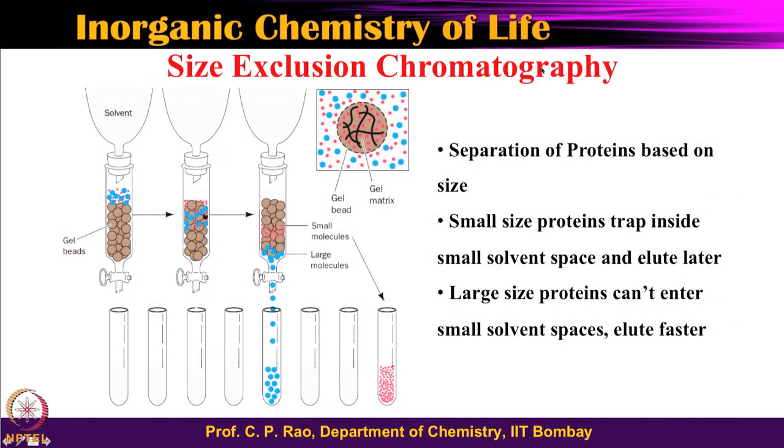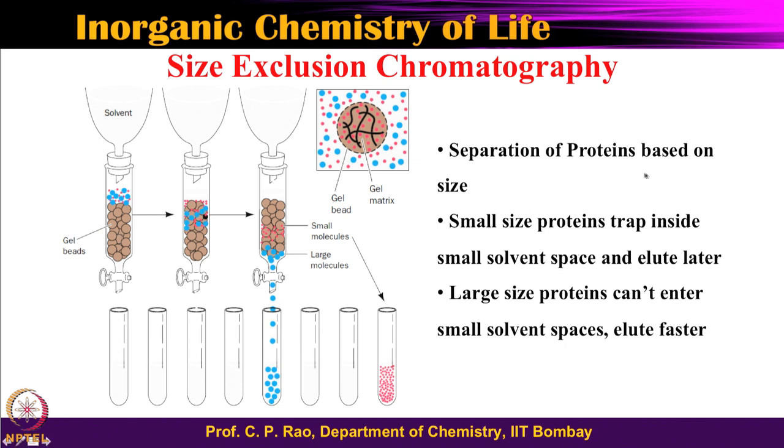Okay. One of the examples shown here is size exclusion chromatography. That means some sizes are held, some sizes are left out. So, that is what is referred to as size exclusion chromatography. You have the protein which was already isolated by extraction, let us say, or by some other method, and then that particular mixture is passed through some kind of beads, and these beads will have some specific size of the pore.